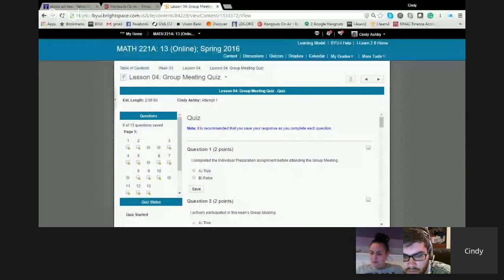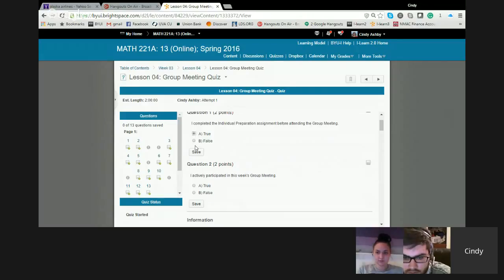Yeah, I can screen share it. Okay, hold on. Why is my page not... Oh, that's why. Okay. Alright, you guys see it? Mm-hmm. Okay. Yes.